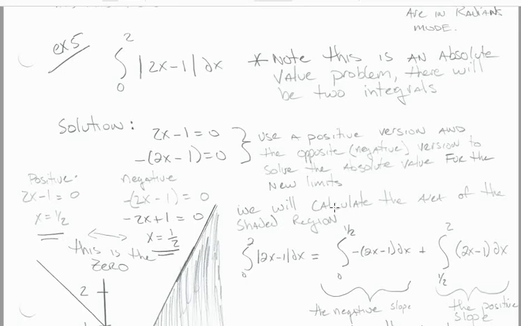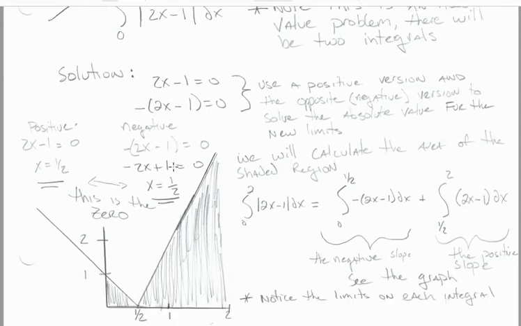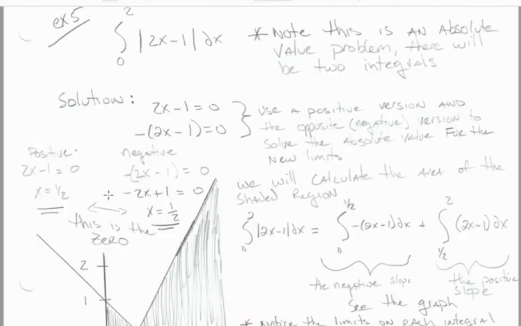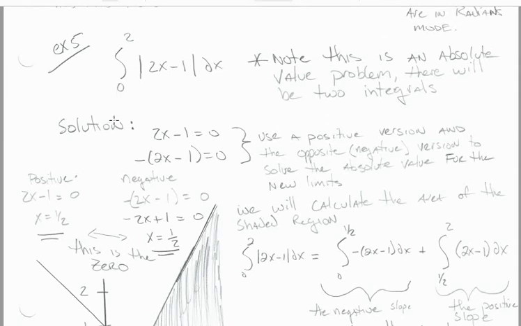So we take what's in that function, that 2x minus 1, we set it equal to 0, and we have negative quantity 2x minus 1. So notice the 2 possible solutions here. So what's that really mean for us? Both cases, the 0 ends up being at x equals 1/2. So I thought a good way for you guys to see this is for us to graph it. And we're going to look at the area under the shaded region, right? Because our limits of integration are 0 to 2.